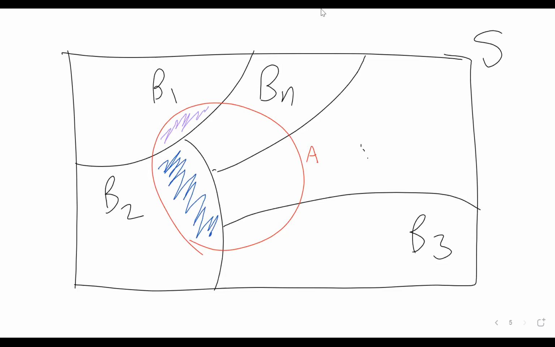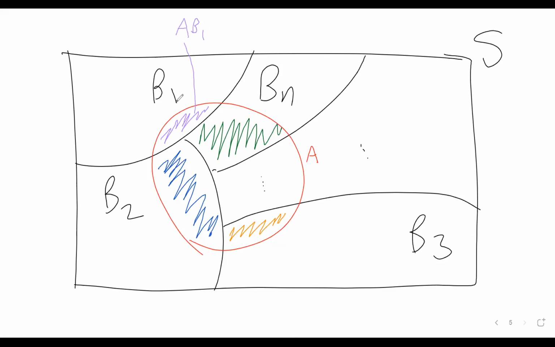And so it's the probability of the purple region plus the probability of the blue region plus the probability of the orange region plus the probabilities of all of these regions in between, and also plus the probability of this last region here. You just add up the probabilities of each of these different colors and you get the whole thing. The purple region you can think of as AB1.